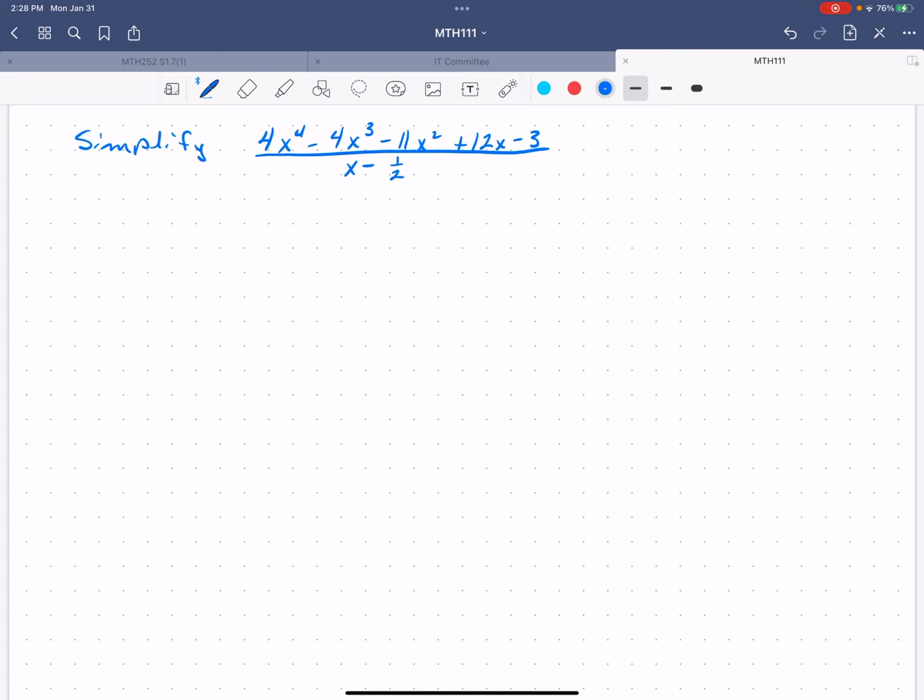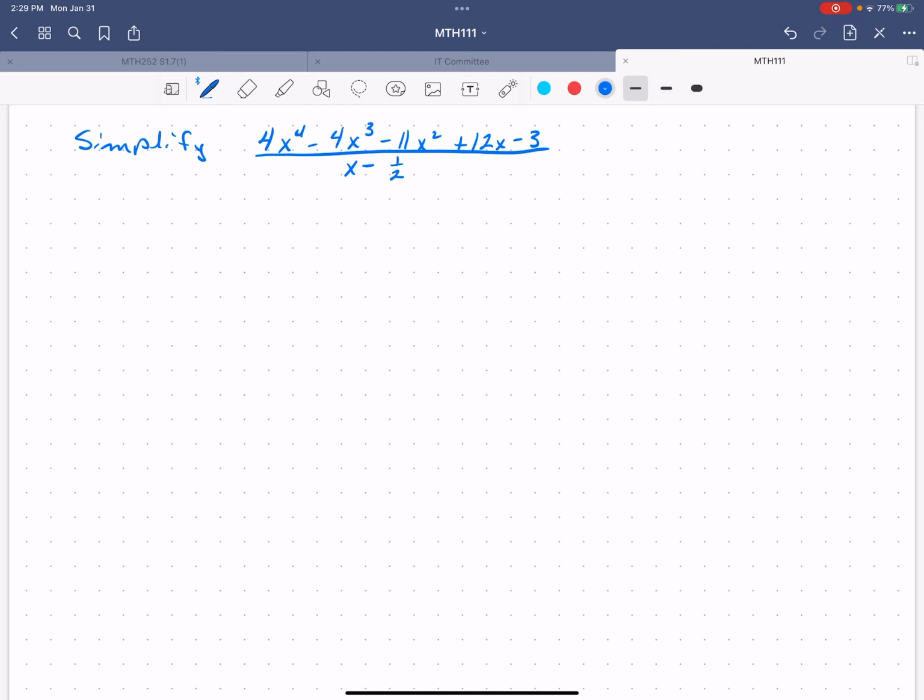And in the context of this course, really what this means is we are asking ourselves, is 1/2 a zero of the polynomial 4x^4 - 4x^3 - 11x^2 + 12x - 3?